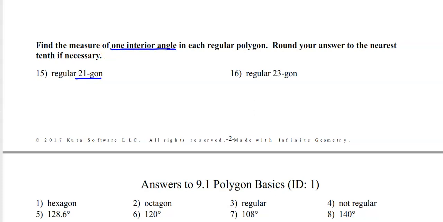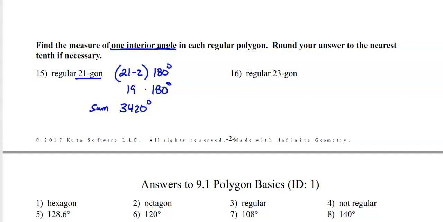So I need to find the sum. So 21 take away 2 times 180, which is 19 times 180. I'm going to cheat here. 19 times 180 is 3,420 degrees, which would be the sum. This would be all of them.